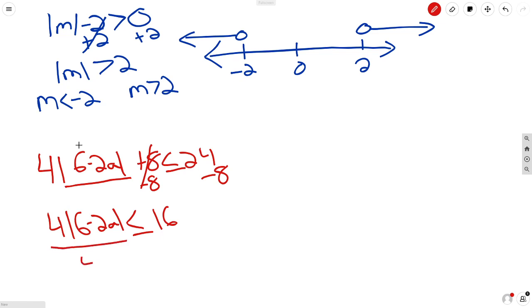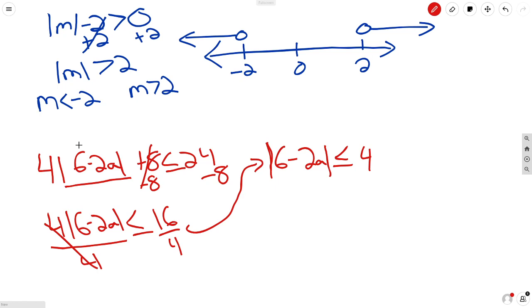Now I divide out that 4 to get the absolute value by itself. So now I have the absolute value of 6 minus 2a is less than or equal to 4.